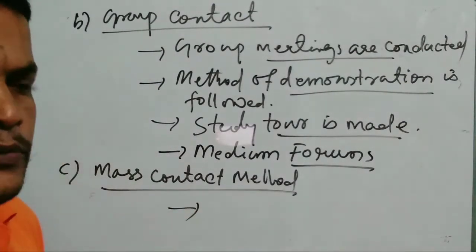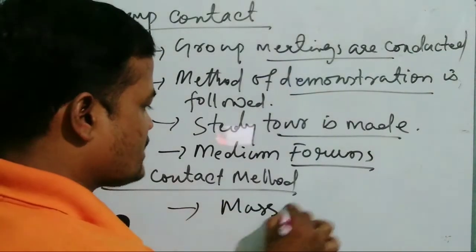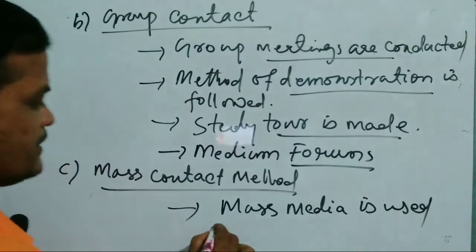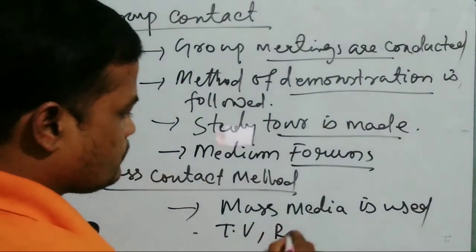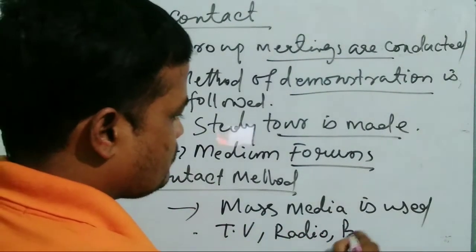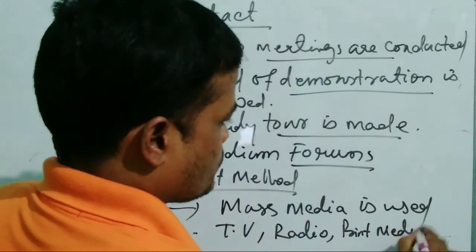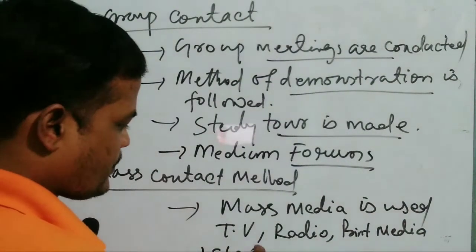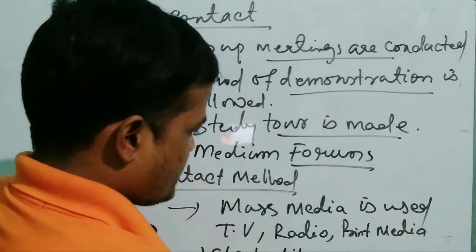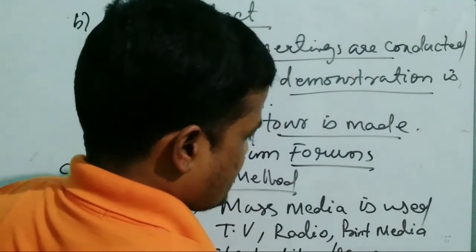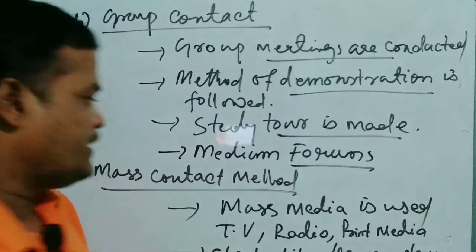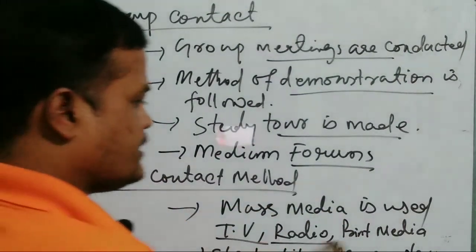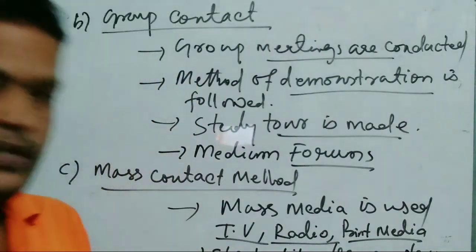In order to contact the masses, mass media is used, such as TV, radio, and print media, in the form of short films or screenplays. These are used in order to contact the whole public.